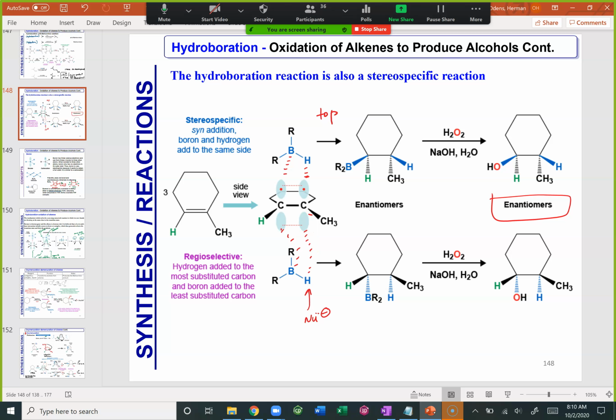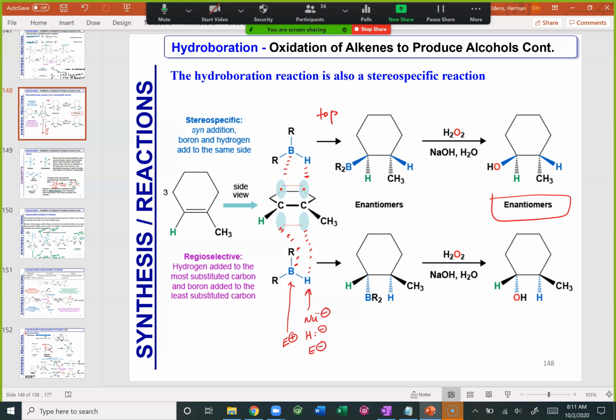And that's because your boron, this guy here, is the most electrophilic of the two. So you have a hydride, which is a nucleophile and a base, and you have boron, which is your E plus, the most electron deficient one. So this one will be your electronegative.